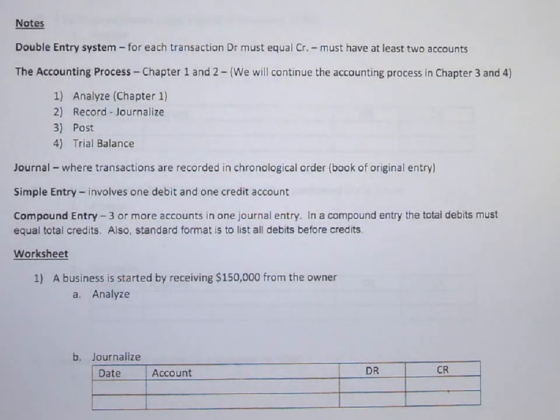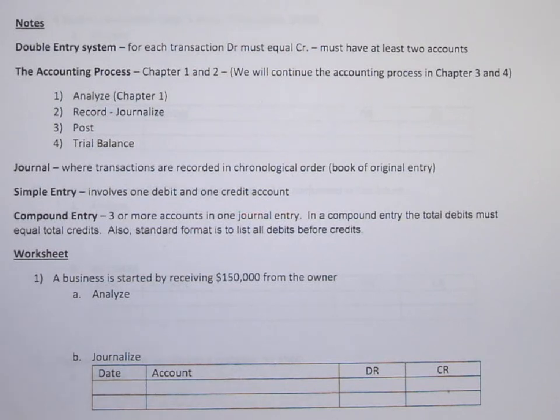With the analyze feature, we need to figure out what 2 accounts, because everything has to have at least 2 accounts, maybe more, are going to be used in the transaction we are looking at. The other thing we have to decide is, is this a monetary transaction?